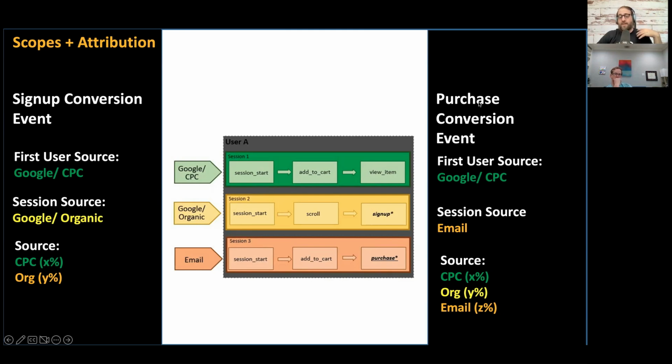If I look from the purchase conversion event perspective, things are also going to look very different. And this shows you the complexity of how Google Analytics works. Now when you're looking through your report and you see, hey, there are 3 types of sources, which one should I choose? Now you have a better idea of how each one works and how it's looking at the data or the user in order to better understand.